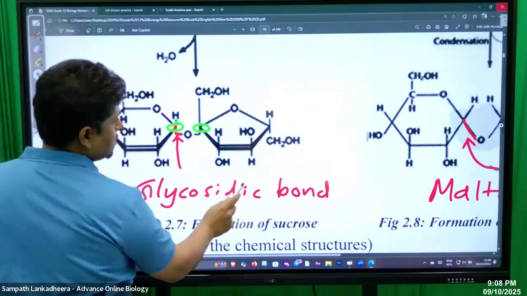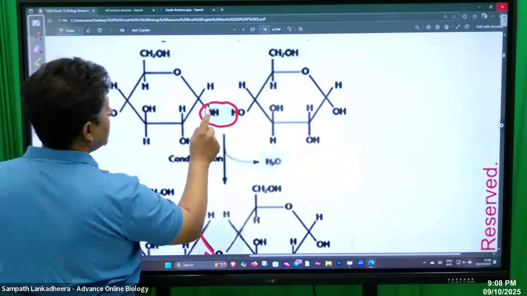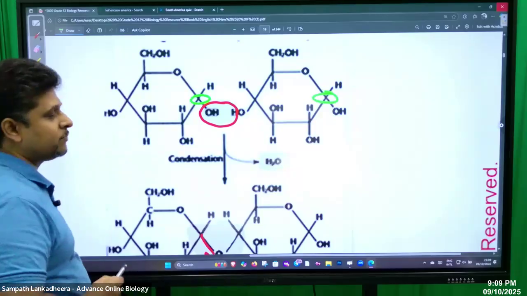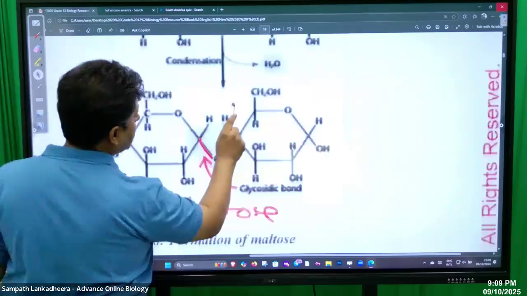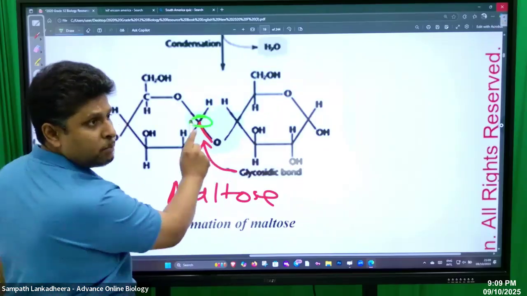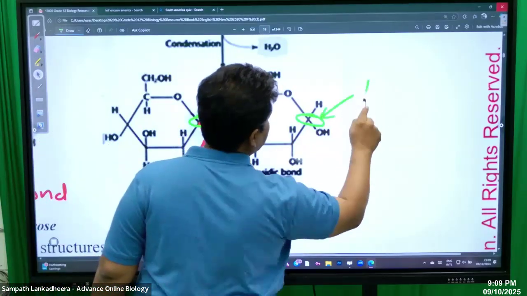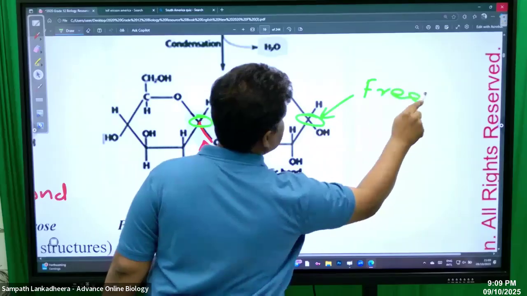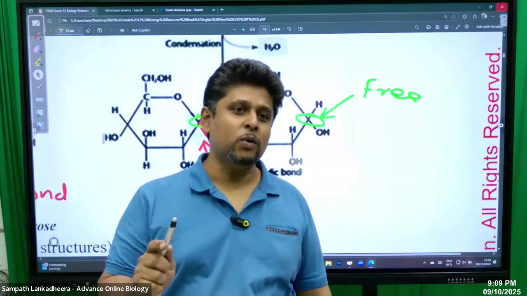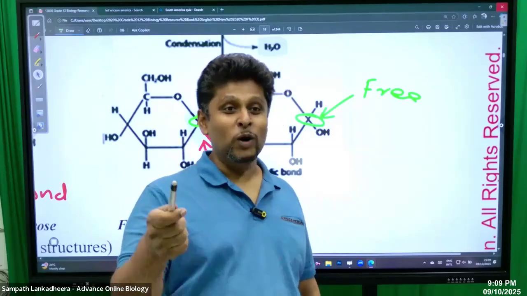But that's not the case when we talk about glucose. Look at this. This is a reducing end and this is a reducing end. So once it forms the disaccharide, one reducing end engages in the bond. This end is a free reducing end. So what do you know about lactose and maltose?